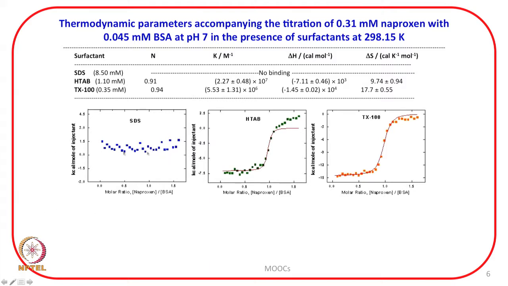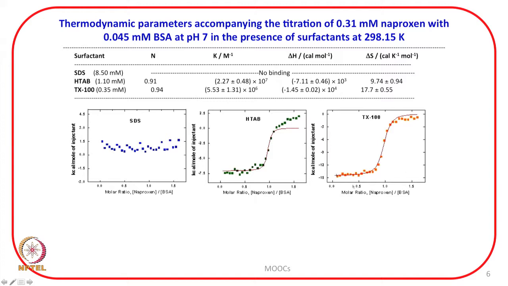In presence of sodium dodecyl sulfate, the concentration of which in this report was taken as 8.5 millimolar, it was observed that the binding is completely lost. As long as SDS at this concentration, 8.5 millimolar, does not lead to the denaturation of the protein, it establishes that the ionic interactions are significant because it has sulfates, a negatively charged end.